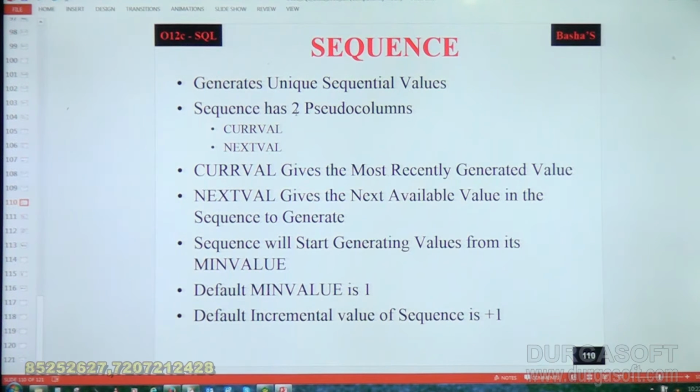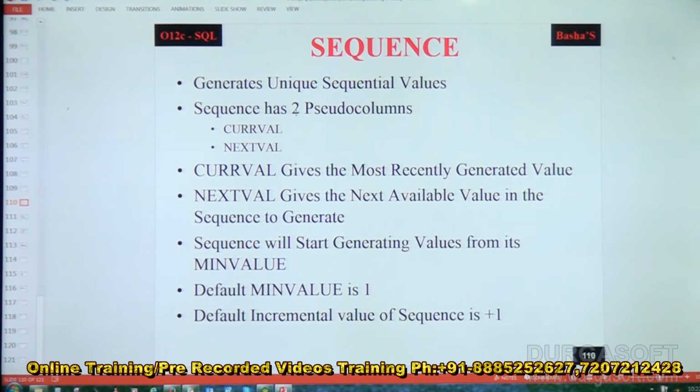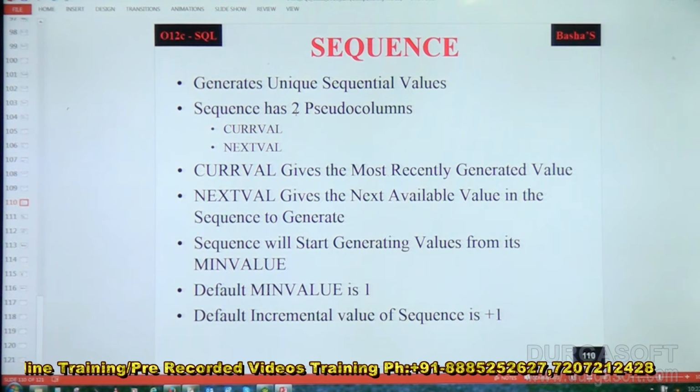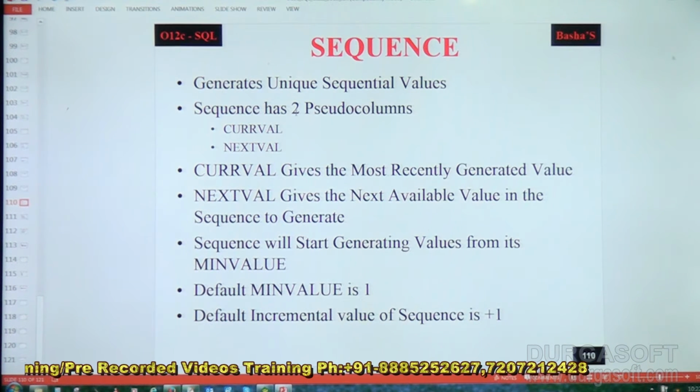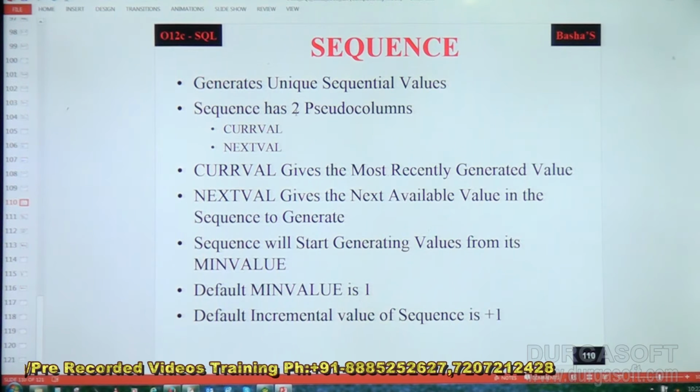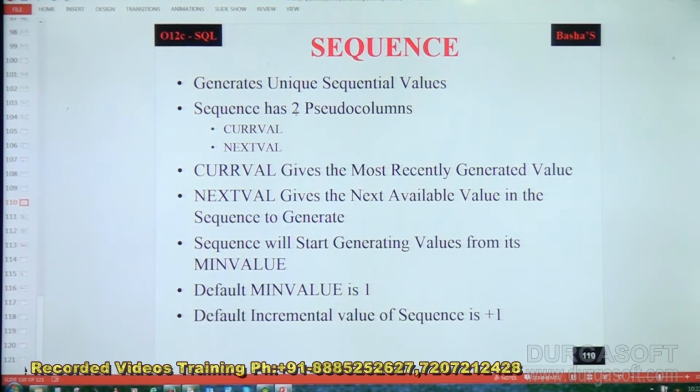If the sequence has a start with clause, for the first time the sequence will start with the value mentioned in the start with clause. Otherwise, it will always start with min value. And by default, the sequence will be incremental, and the increment value of a sequence will be +1 by default.